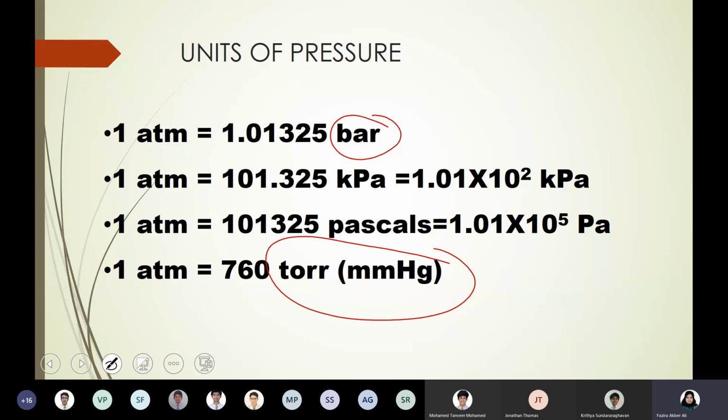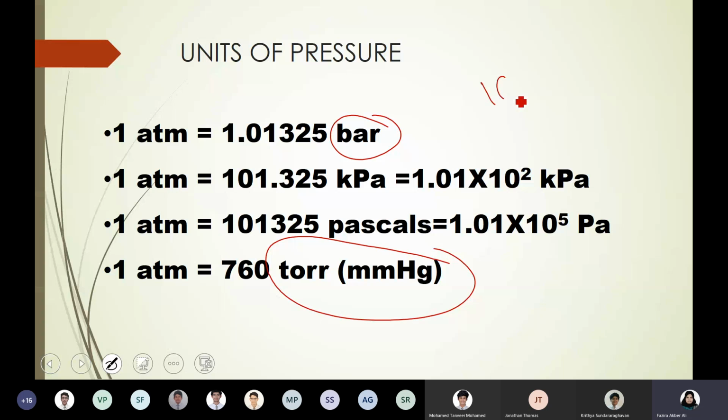1 atm is almost equal to 1 bar, but not exactly, 1.01325. And pascal and kilopascal, as you can see, again it's 1.01 into 10 raised to 5 pascals or 1.01 into 10 raised to 2 kilopascal. Sometimes in questions, especially in entrance tests, it is very difficult in a competitive exam to multiply this without a calculator with the digits 0.01.